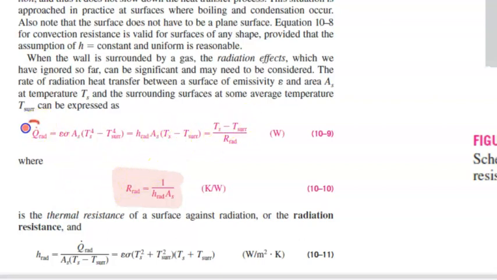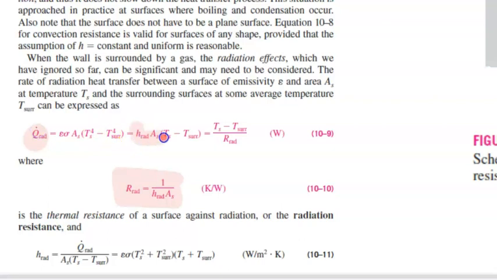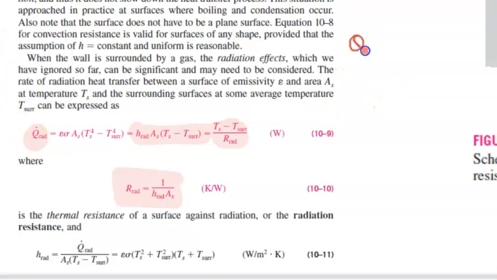If I got these equations, if I got the value of Q, and usually this is the equation we use, out of these one variable is kind of missing, and you can find that variable. So you can rearrange that equation. If I rearrange the equation, I got Q equals H AS times Ts minus T surrounding.